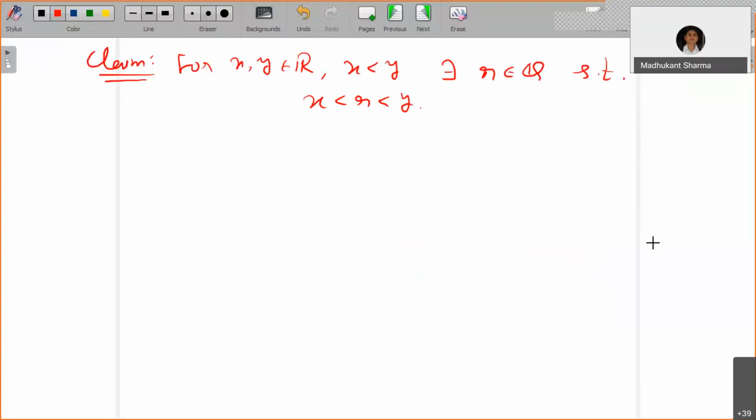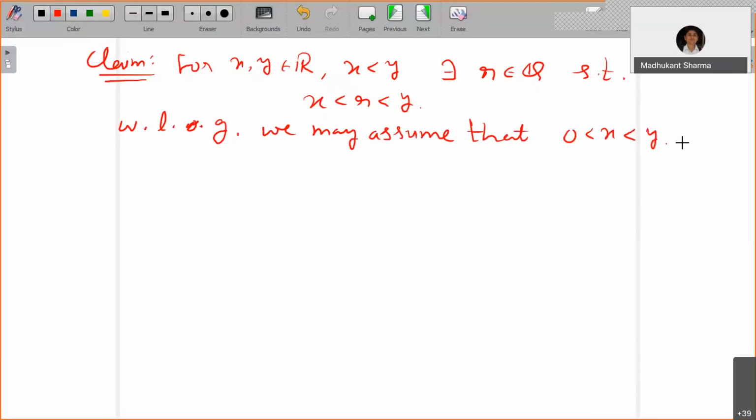So the very first thing is, without loss of generality, we may assume that 0 less than x less than y, meaning both are positive real numbers.